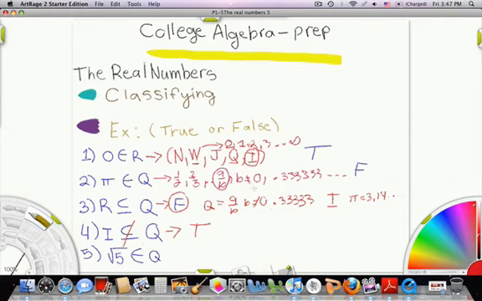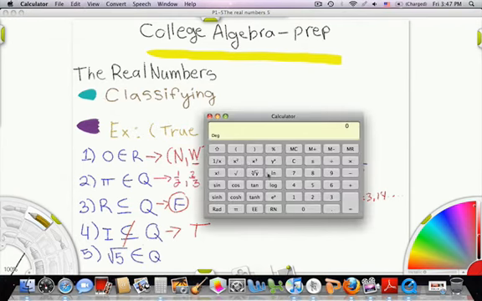Okay, and let's look at the last example, where it says square root of 5 is in the member set of rational numbers. And let's see what square root of 5 looks like. So square root of 5 actually goes on forever, non-repeating.